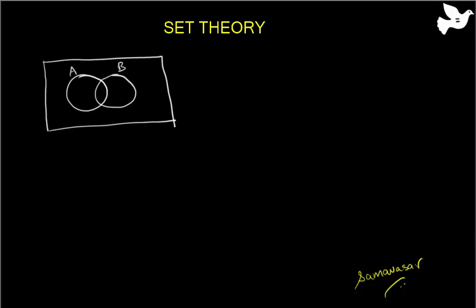Now let us look at a basic formula for set theory. A union B is equal to A plus B minus A intersection B. So what do I mean by this? A union B means all the elements which are part of this entire region.